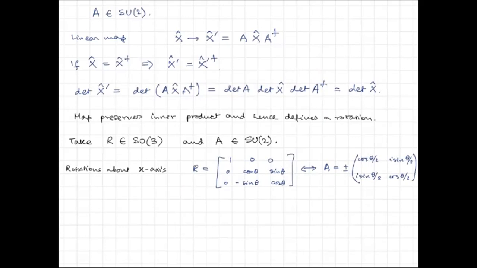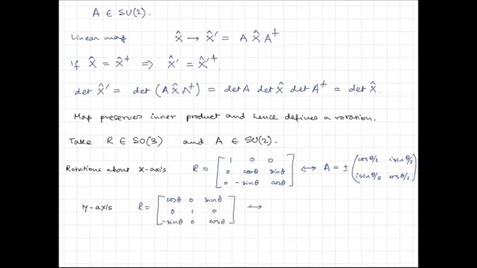If you're going to be doing things about the y-axis, then again it's similar. R is, as you know, [cos theta, 0, sine theta; 0, 1, 0; minus sine theta, 0, cos theta].